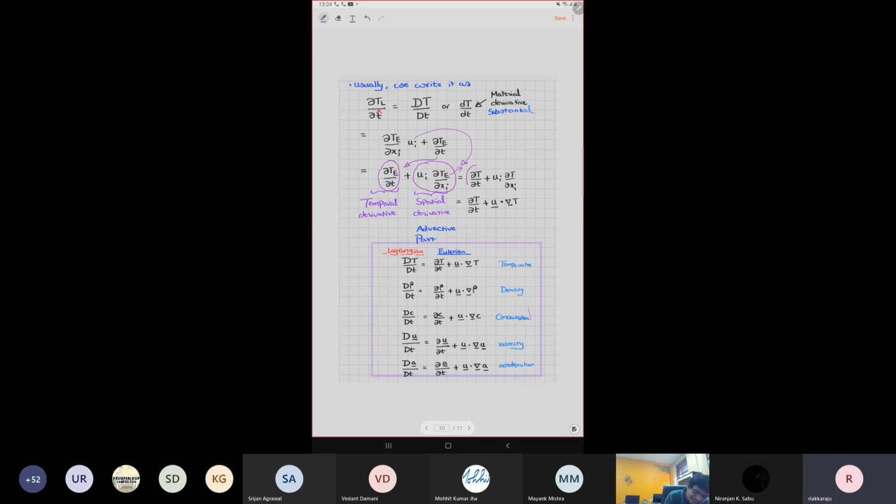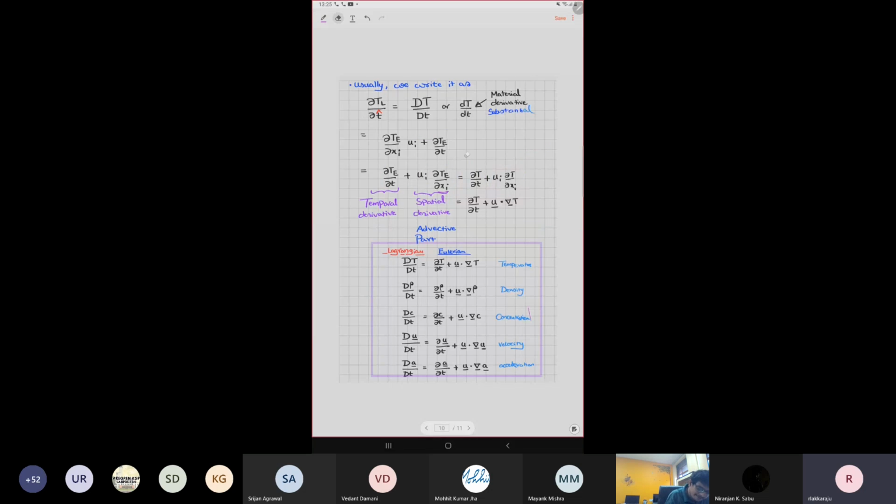We usually show del T by del T plus ui del T by del Xi on the Eulerian field. This term is the temporal derivative of any given property, and this is what we call the spatial or advection part. In shorthand notation, we show this as ui del T by del Xi.